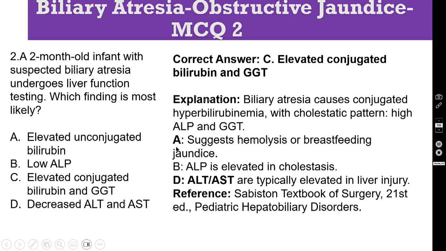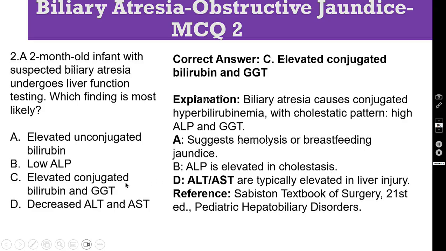So A is also incorrect, that is elevated unconjugated. Here in obstructive jaundice we have conjugated hyperbilirubinemia, and A is seen because of hemolytic anemias or breast milk jaundice. And B is low ALP. No, ALP is always elevated in cholestasis.